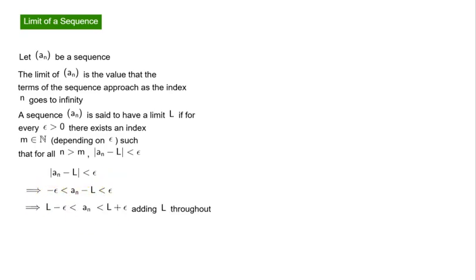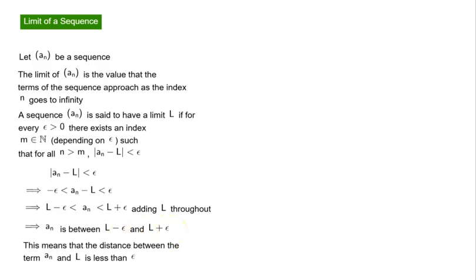Adding L throughout, we get L minus epsilon is less than a sub n, which is less than L plus epsilon, which implies a sub n is between L minus epsilon and L plus epsilon. This means that the distance between the term a sub n and L is less than epsilon.